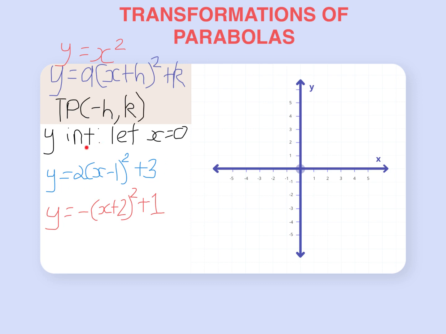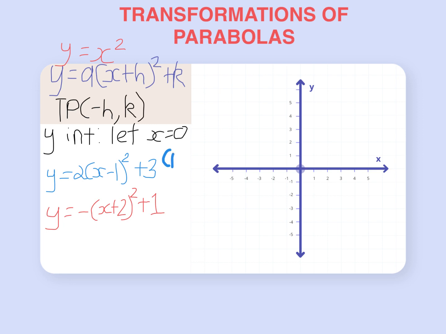So let's say we have y equals 2(x - 1)² + 3. So first thing we're going to do is plot its turning point. The turning point of this graph we get from this value and this value. So the turning point is the negative of this value. So that's -1, it's +1.